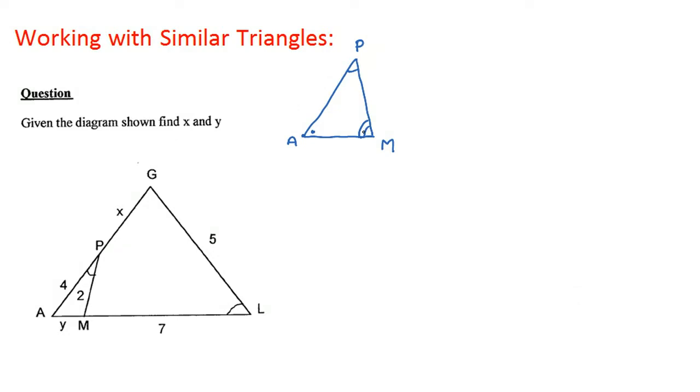Okay. So now what I'm going to do is I'm going to draw my second triangle ALG, but what I'm going to do is I'm going to make sure that I draw it in the exact same orientation.